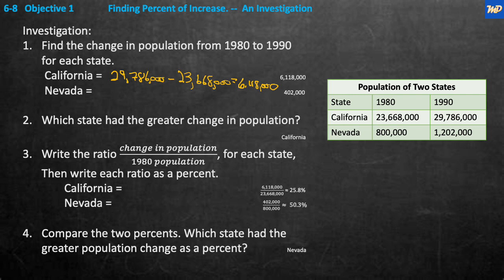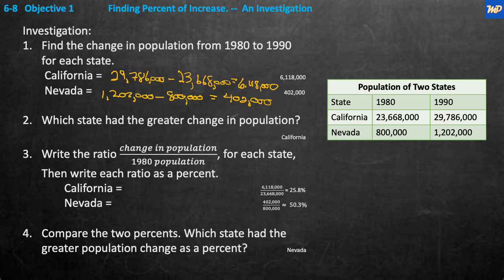For Nevada, we ended with 1,202,000, and we subtract 800,000. That was the starting quantity, and we end up with 402,000 people.